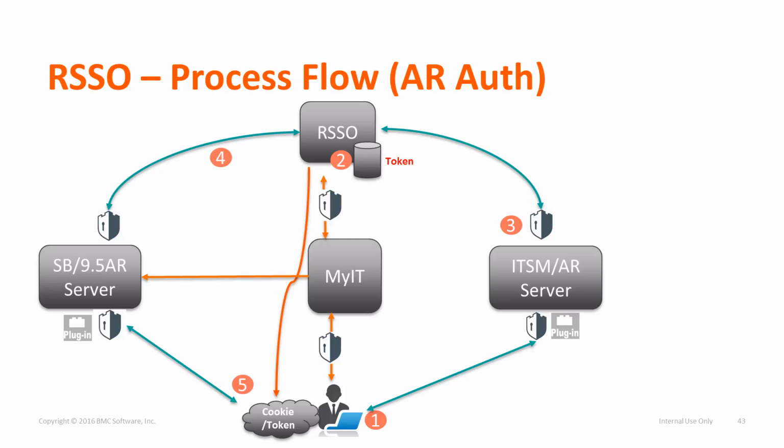And then, depending on your authentication method, in my case, again, I'm using AR auth, it'll send it off to the AR server, and provided my credentials are accepted on the AR server, it sends it back to RSSO, and at that point, a token is created. And once that token is created, we have a cookie on the browser, which is subsequently used for authentication between Service Broker, MyIT, and ITSM.